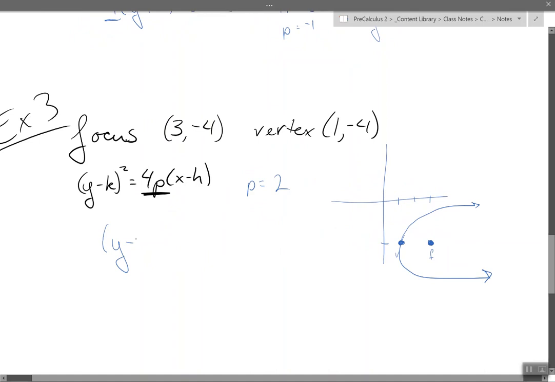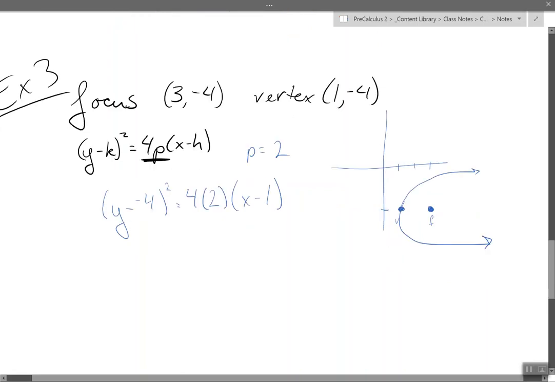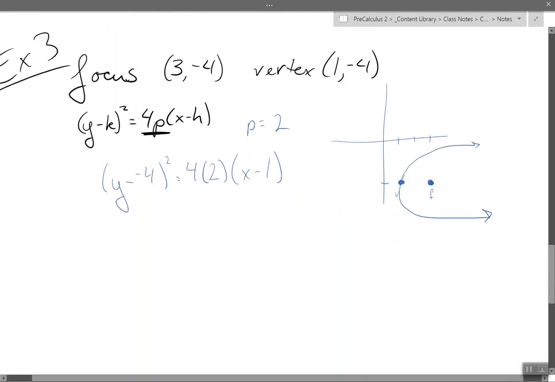So it's really just y minus -4, quantity squared, equals 4. The p-value we said is the distance between the focus and vertex, so the p-value is 2. And then x minus h, and h is the x-coordinate there, so x minus 1. Definitely want to clean that up a little bit. y plus 4.